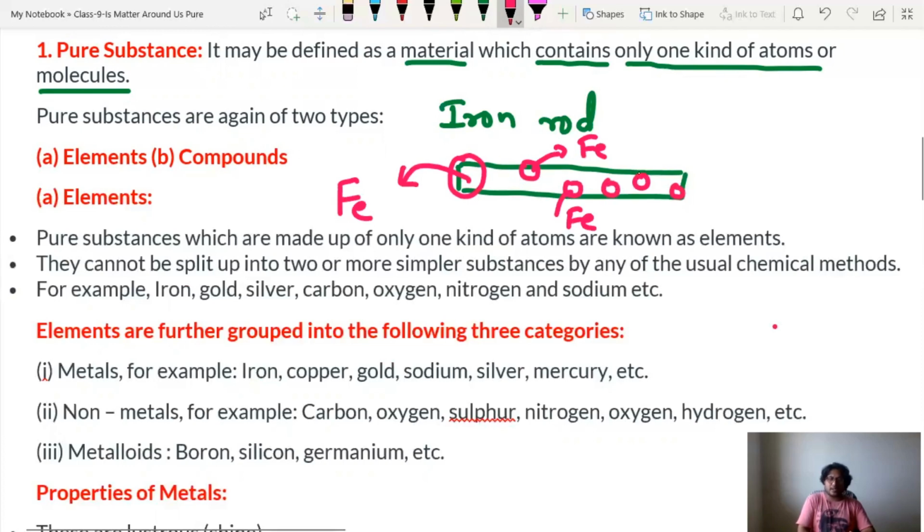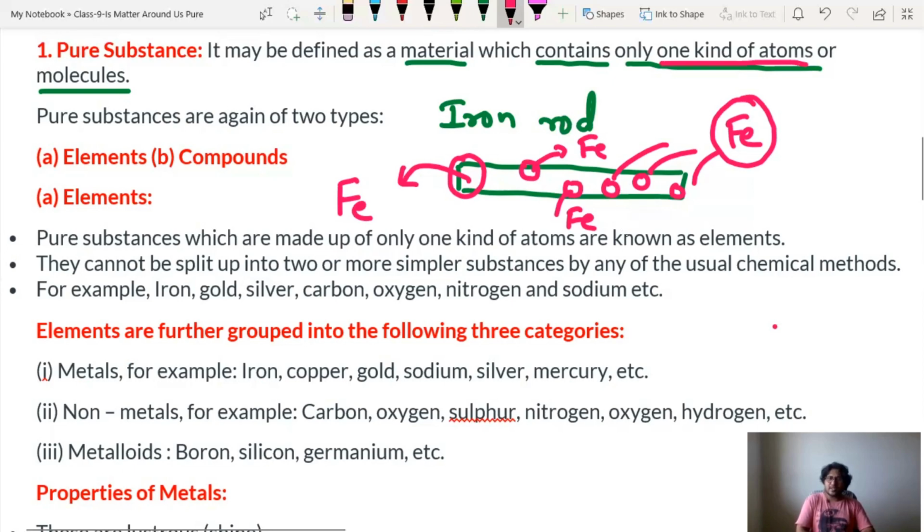Whatever part you take, you will find only iron atoms, iron elements, isn't it? So this complete rod is made up of only iron atoms. So you can observe the material contains only one kind of atom, that is iron atoms. Hence we can say this iron rod is a pure substance.